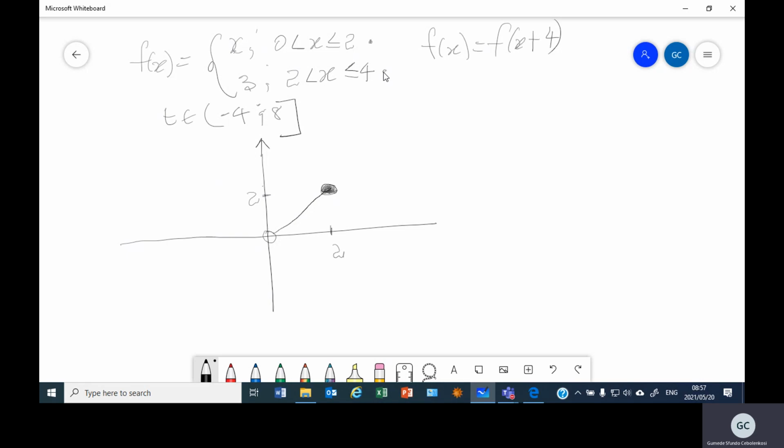Now we are sketching the second part. So if we were to sketch the second part, what we'll do is take this. If x is 2, what is f of x? Because there's no x here, it means whatever the x value is, f of x is 3. So it's constant, 3.